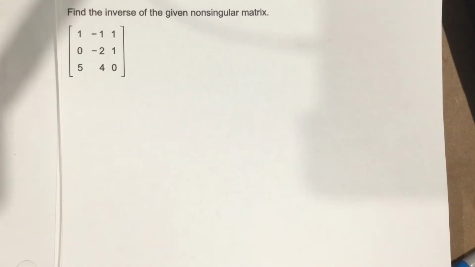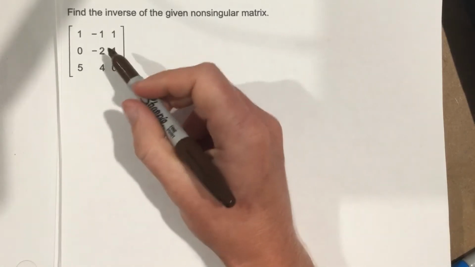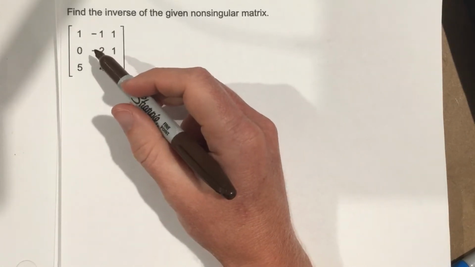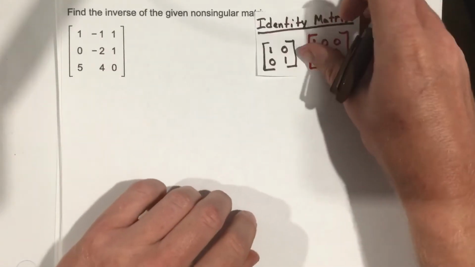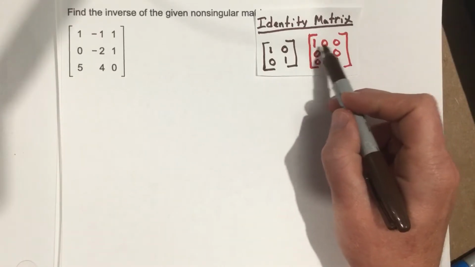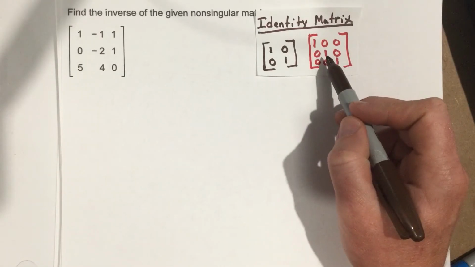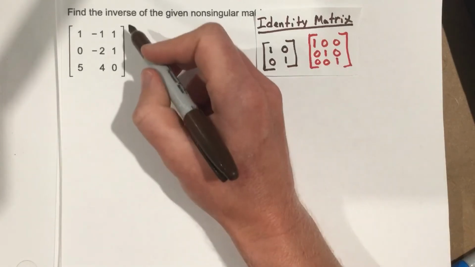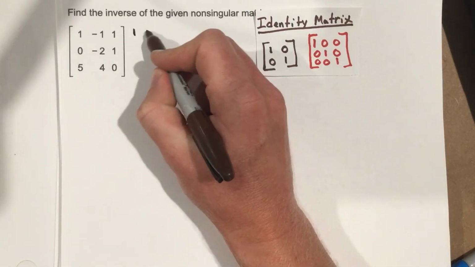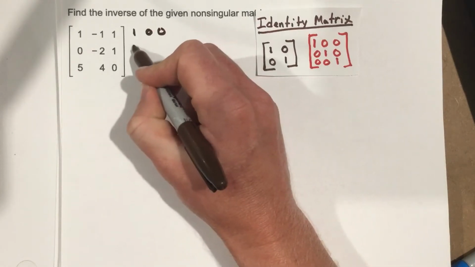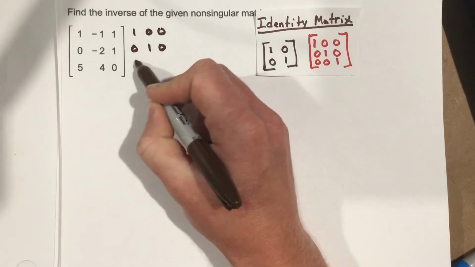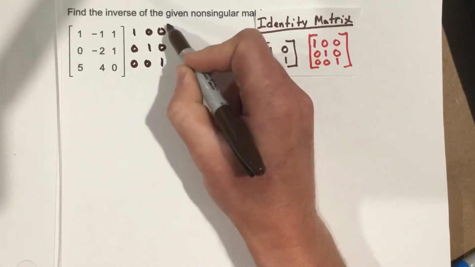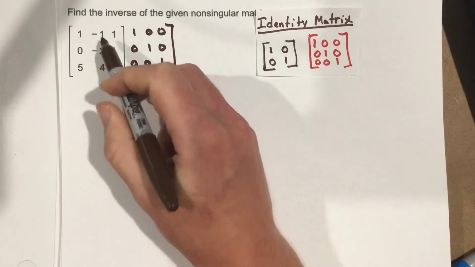So if we want to find the inverse, we're going to essentially set this matrix equal to the identity matrix for a 3 by 3, which is written here in red. So automatically, I'm just going to write 1, 0, 0, 0, 1, 0, and 0, 0, 1 to the right of this matrix.